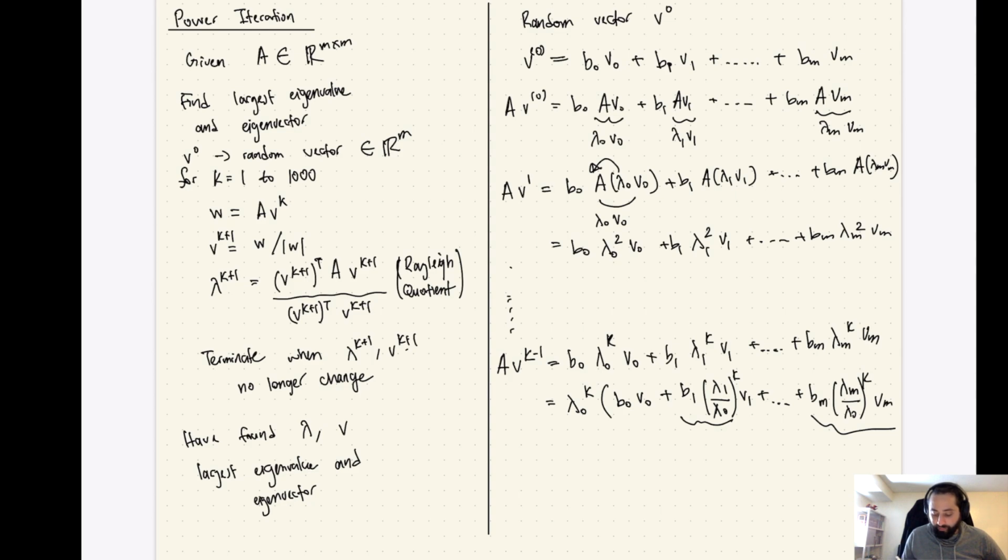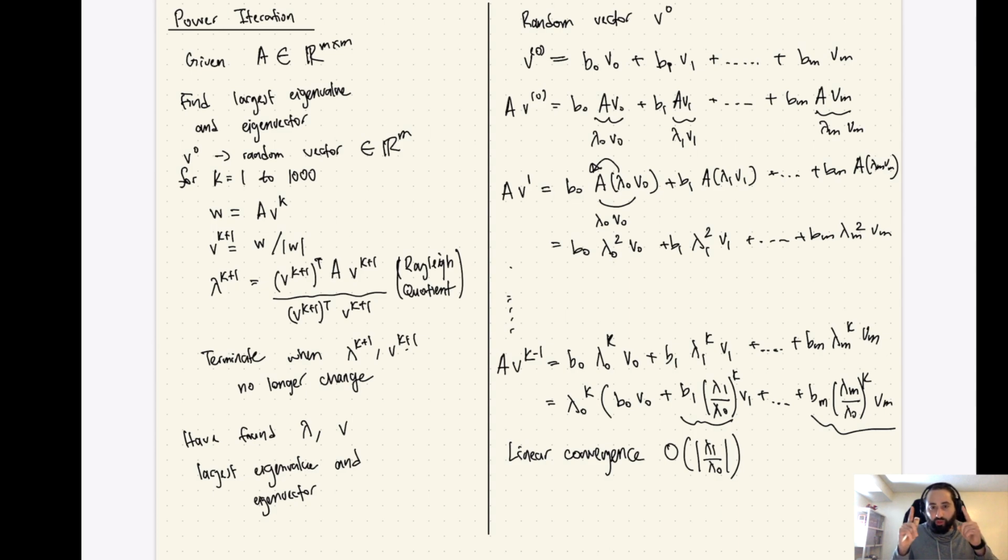Now, it depends on the convergence. We'll say that this technique has linear convergence. It's order of lambda 1 over lambda 0. So it really depends on how much bigger the largest eigenvalue is compared to the second largest eigenvalue. And that's how fast you're going to find your maximum eigenvalue.